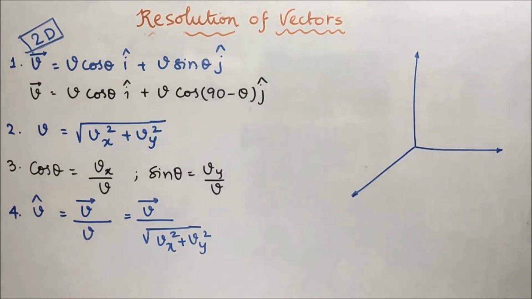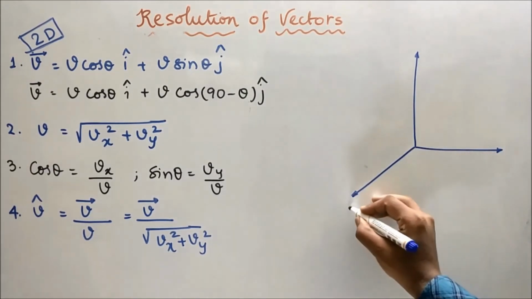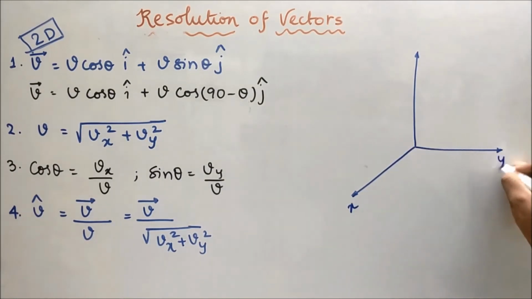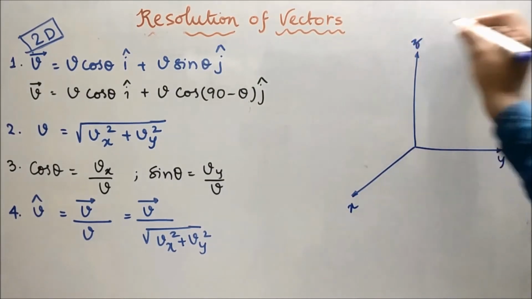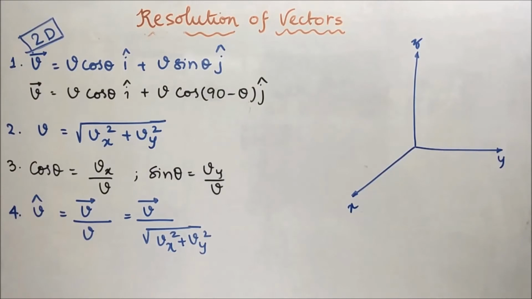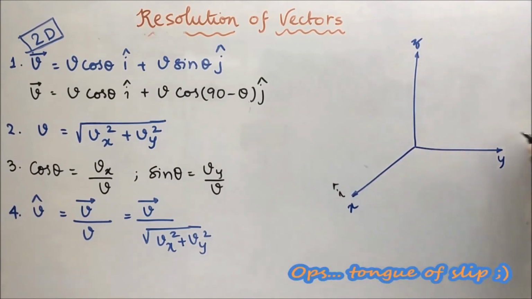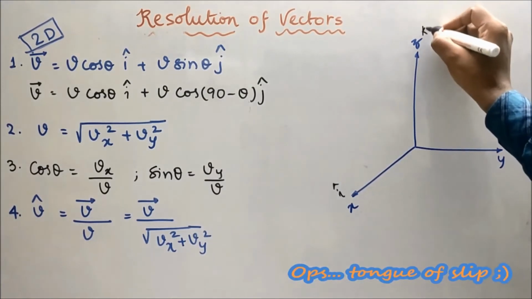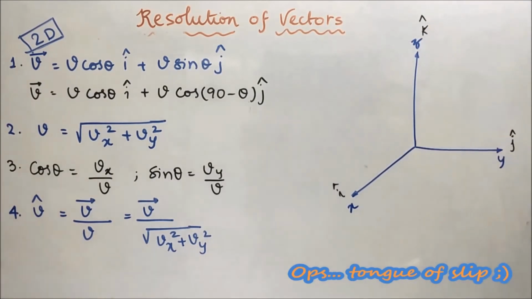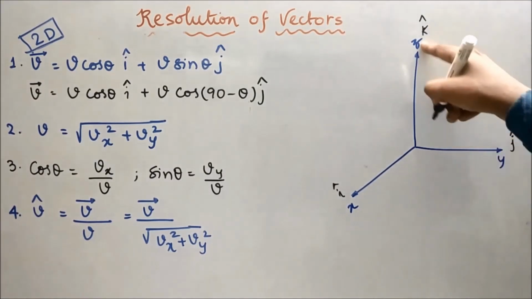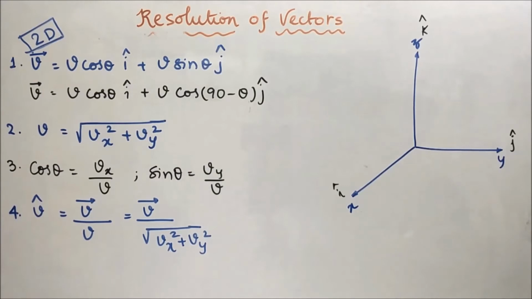So these are the 3 axes, say x-axis, y-axis, z-axis. So unit vector along x-axis i cap, unit vector along y-axis j cap, z-axis k cap.